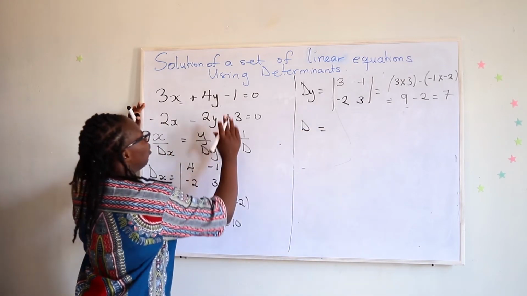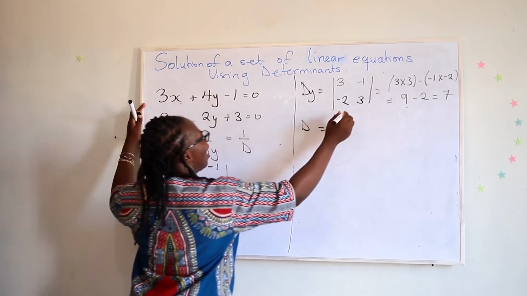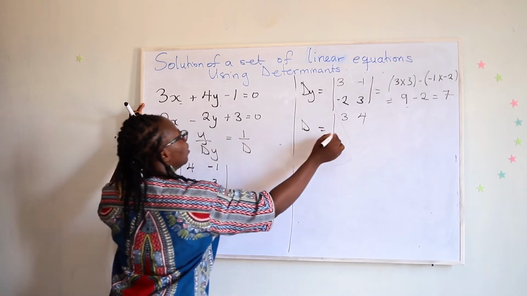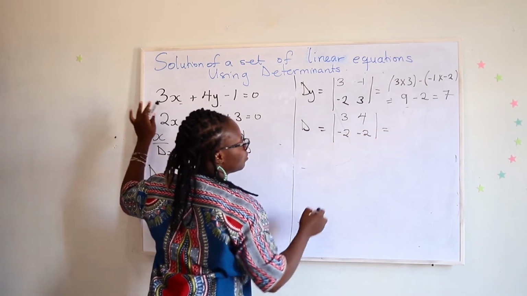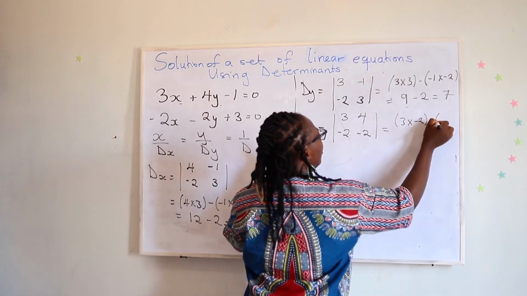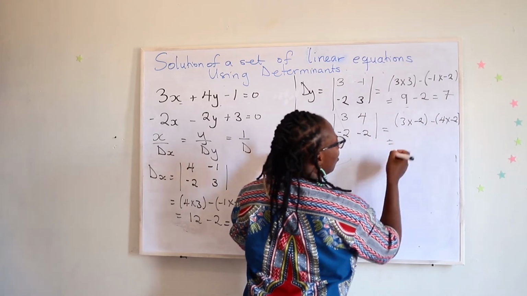Let's do the same for d. If we cover up the constants, what do I have? Let's find the determinant. I have 3, 4, minus 2, minus 2. So 3 times minus 2 minus 4 times minus 2. So what do we have here?